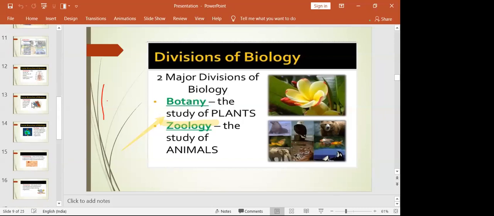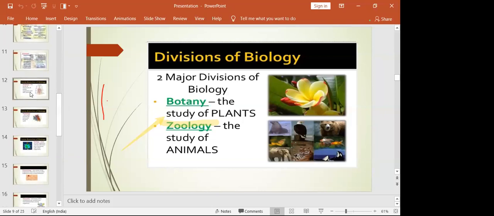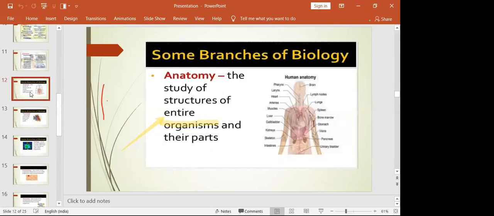Okay, children. Next, let us see some more studies, some branches of biology. First one, anatomy. It is also one of the branches of biology.